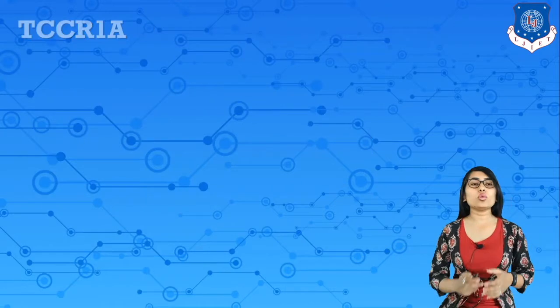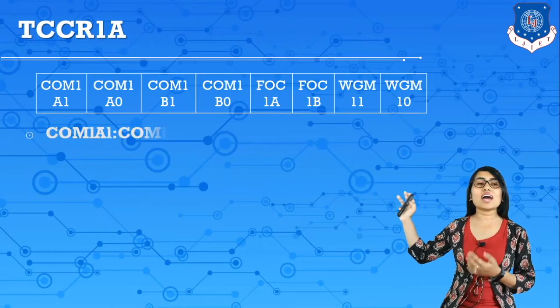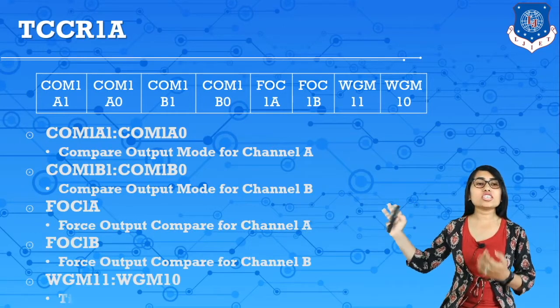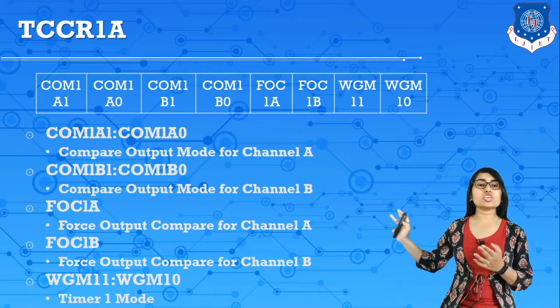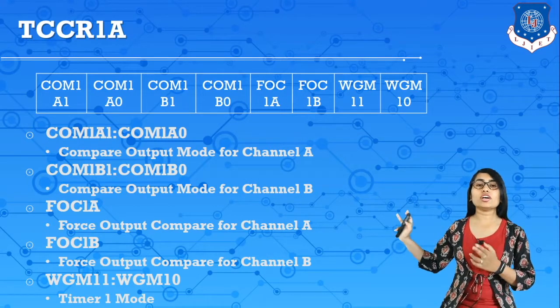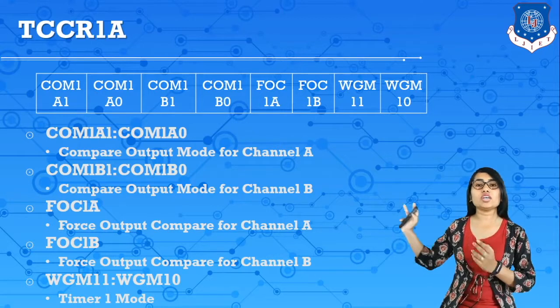This Timer 1 has first TCCR1A. In TCCR1A there are COM1A1, COM1A0, COM1B1, COM1B0, FOC1A, FOC1B, WGM11, WGM10.